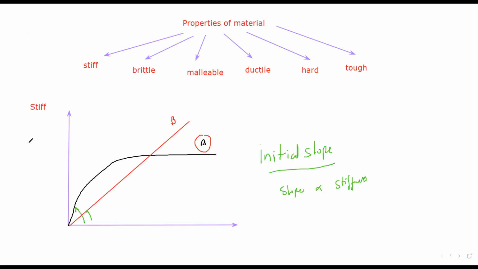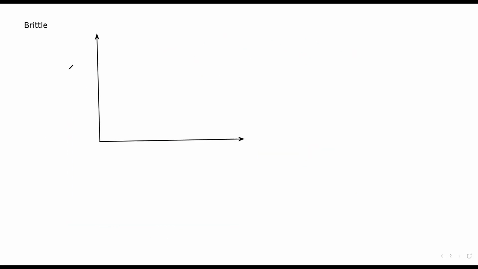A brittle object. And on the graph, what are the axes? It can be stress or force. Here it is strain or extension. Stress is denoted by sigma, strain is denoted by epsilon.